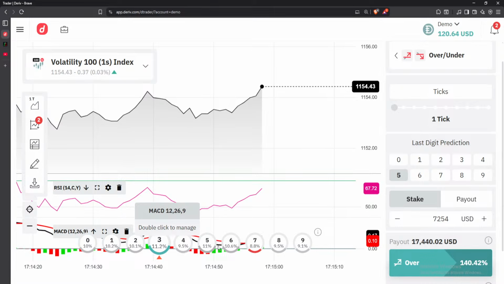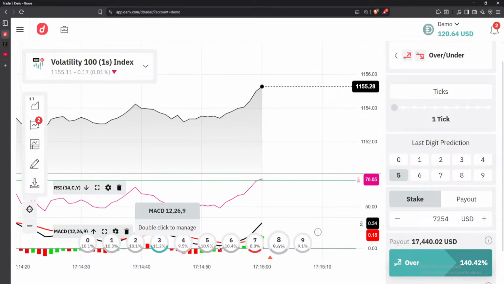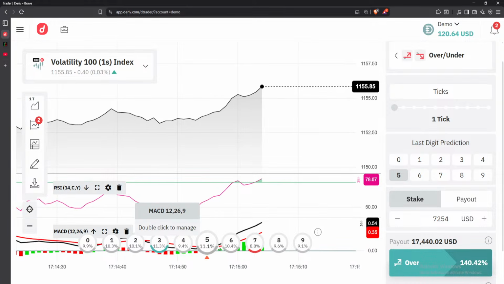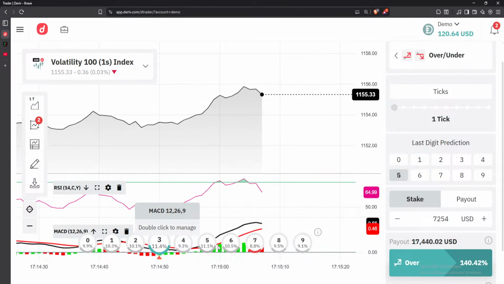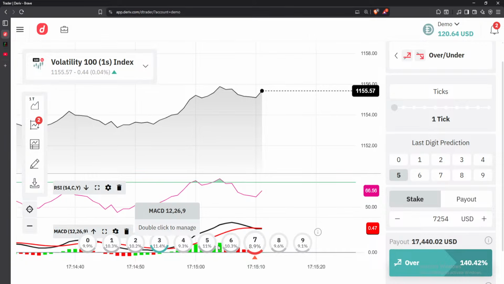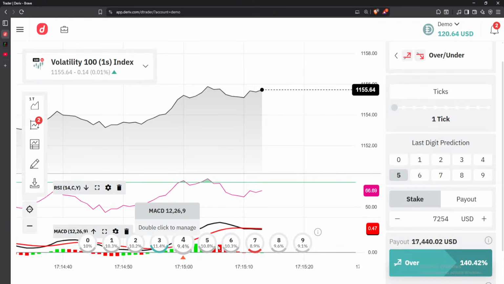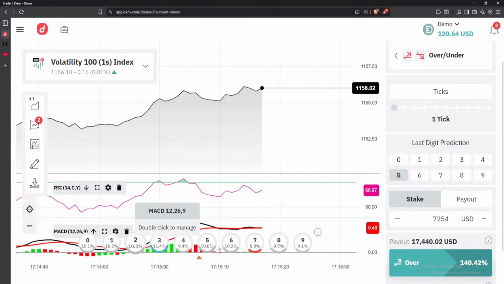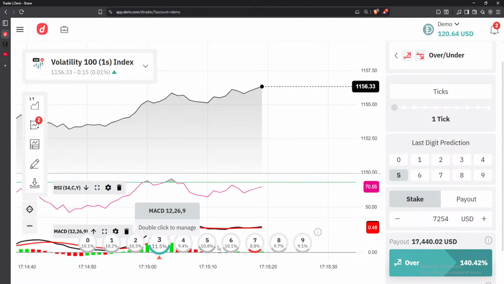So the first thing we have said is ensure 0, 1, and 2 are below 10%. Ensure the green circle is 3 numbers away. And ensure 0 is below 9.5. Now you might be asking why. For some reason, 0 is usually predicted a lot. I don't know why the algorithm does this. But every time you lose your bot, especially on trading over under, you'll find that 0 will be predicted a lot.